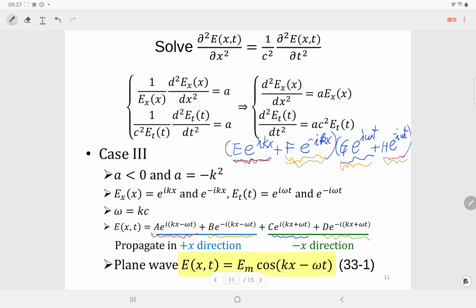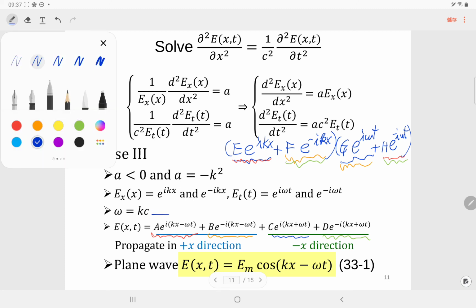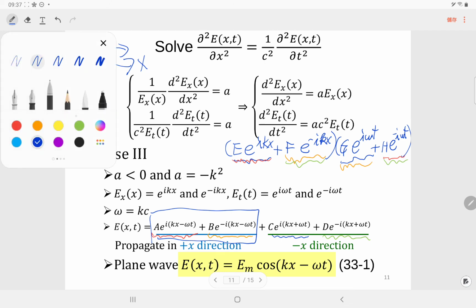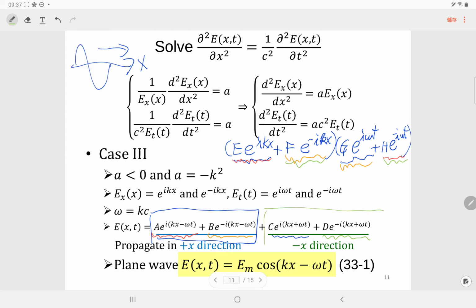Which means that for these two terms, in x direction, this wave propagates in this direction, and for this term, it propagates in that direction.